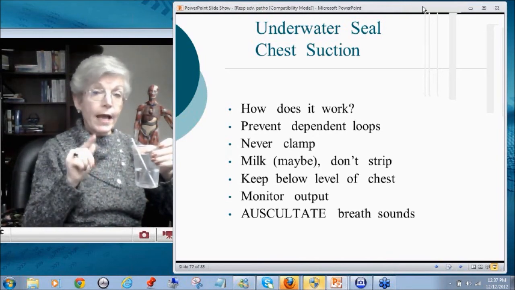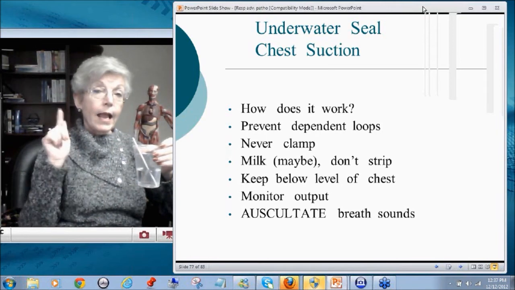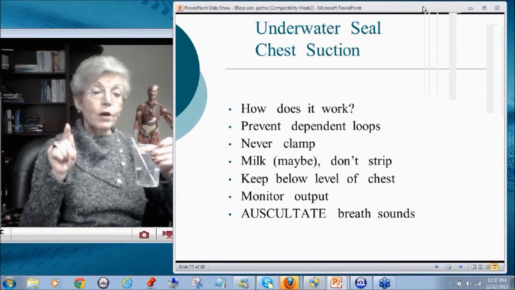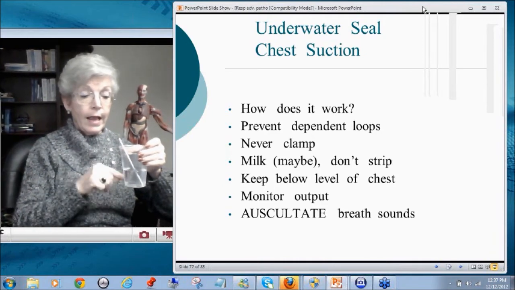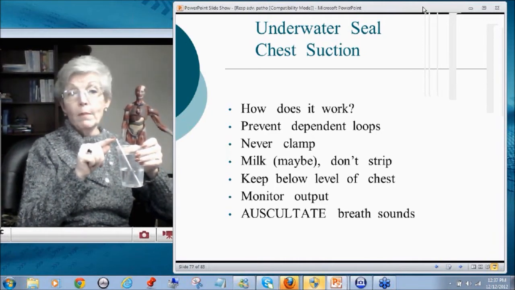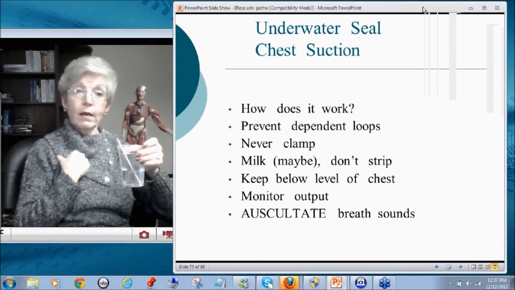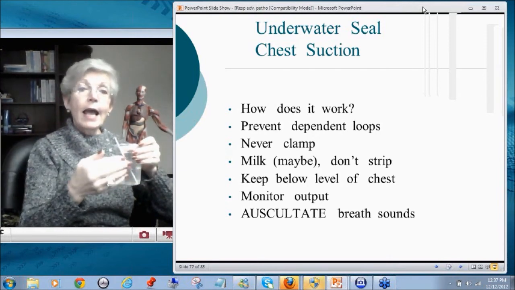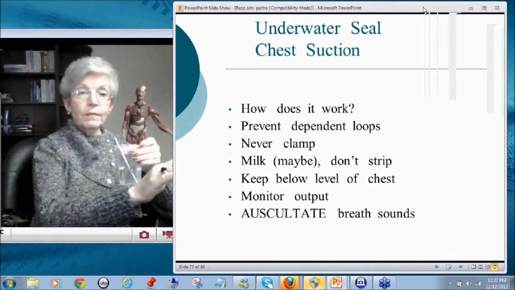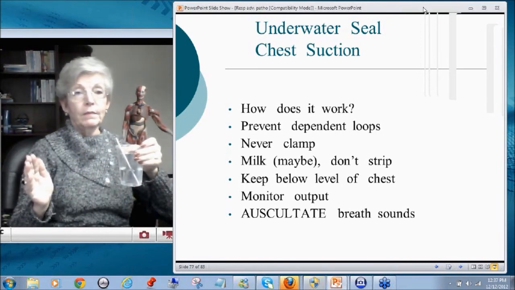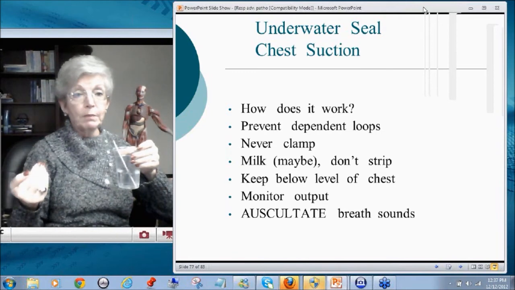Okay, so that means that air cannot go through the water and up the straw, or up my chest tube, and into my lung. So I have separated atmosphere away from my lung. I can't have atmospheric collapse of my lung, can I?